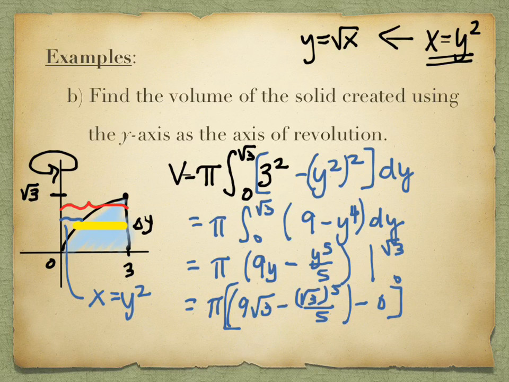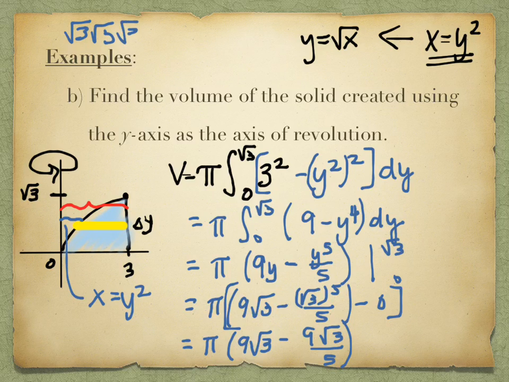Okay. All right, so I need to simplify the square root of 3 to the 5th. Does anybody know? It is 9 square root of 3, and it's still over 5, right? Basically the square root of 3 squared would have been 3, and I've got 5 of them, so this one's 3 and this one's 3.